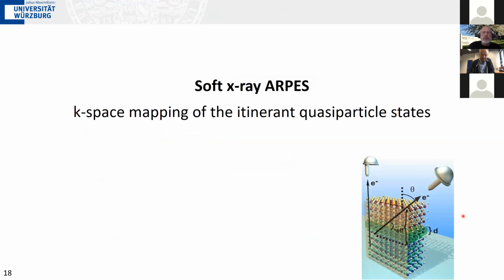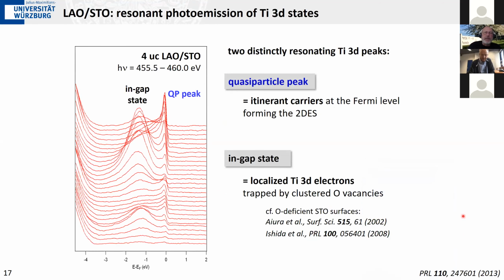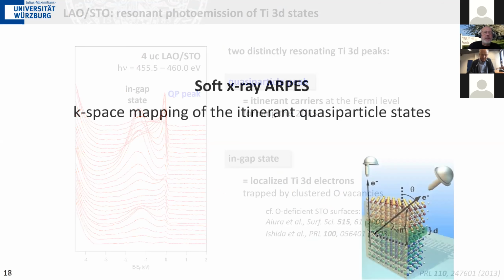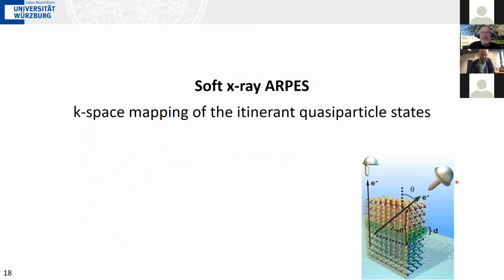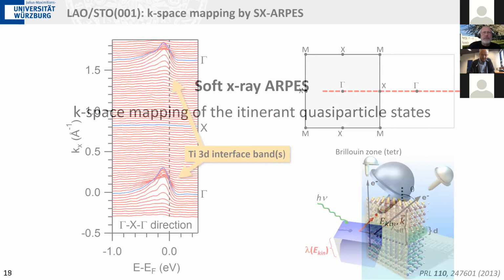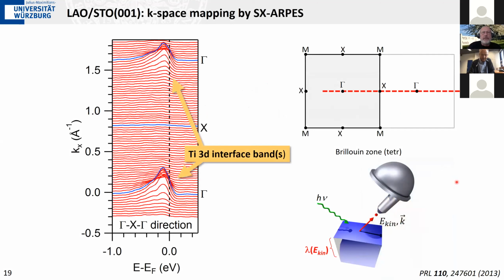Now let's do a little bit more on these 3D states, because if the quasi-particle peak is really due to the metallic band, then we should be seeing some momentum dependence, and that I will do next. We use the high photon energy that we use here at the resonance condition. At the same time, also detect photoelectrons for their angle of emission or their momentum, as we had discussed yesterday.